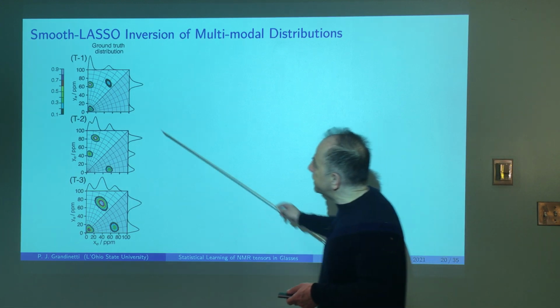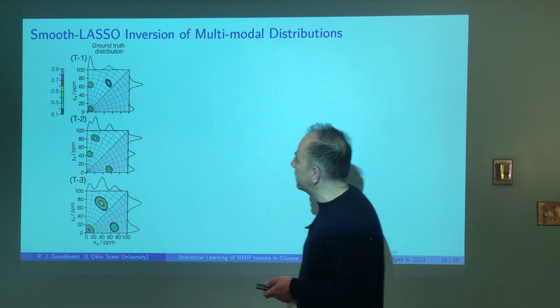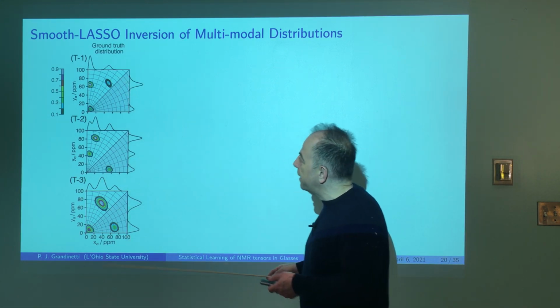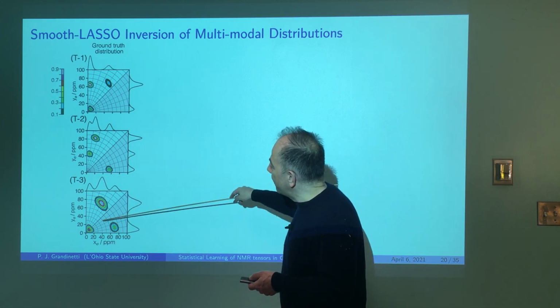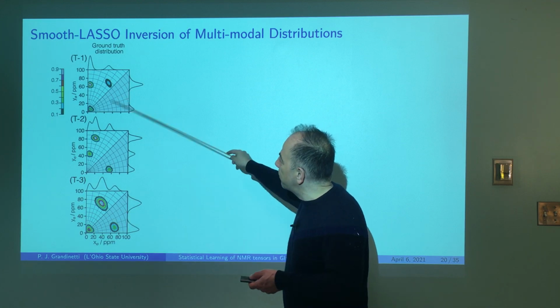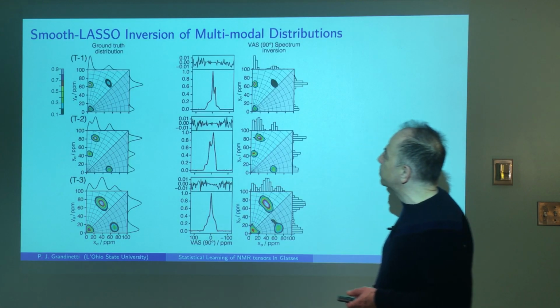So here is another example. These are ground truth distributions that we use to simulate NMR anisotropic cross sections, and these have a trimodal distribution, three different types of distributions in each one.